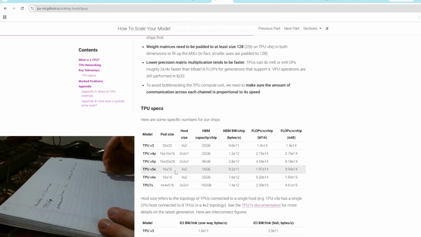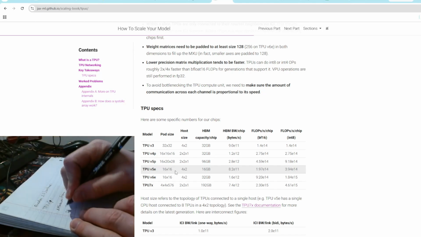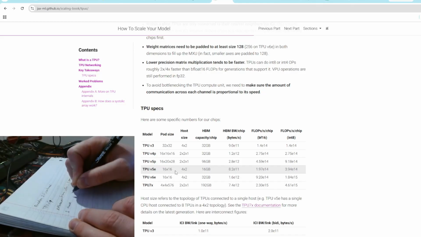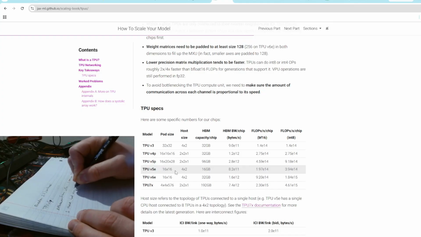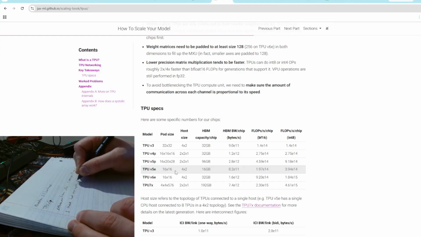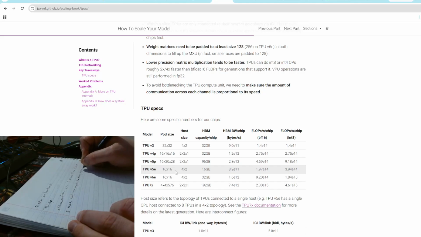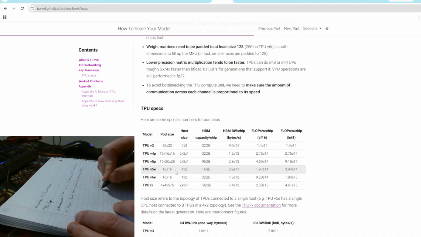So I think I'll just say that host size implies the following diagram. Say CPU, still talking to 2 trays.